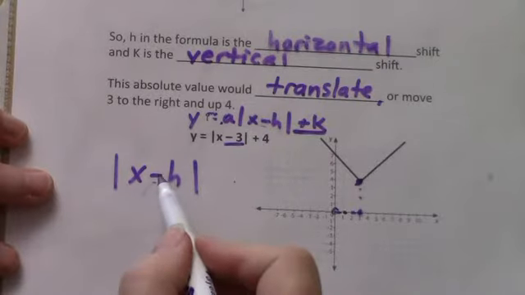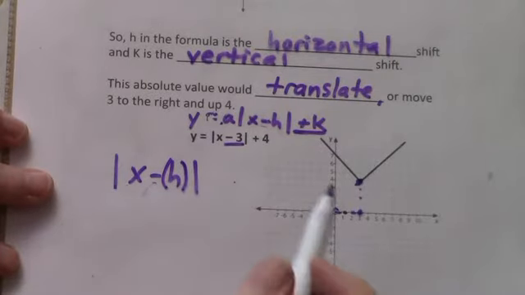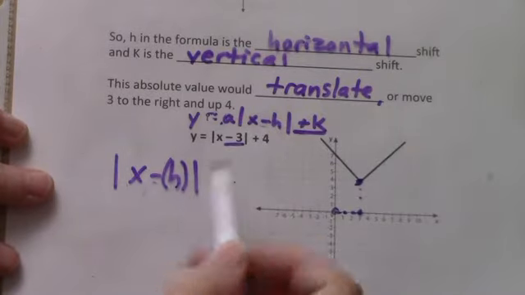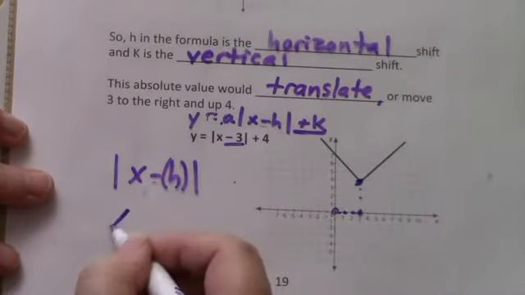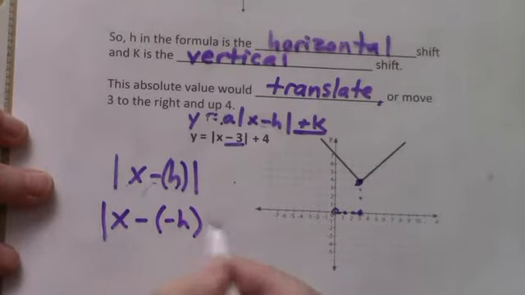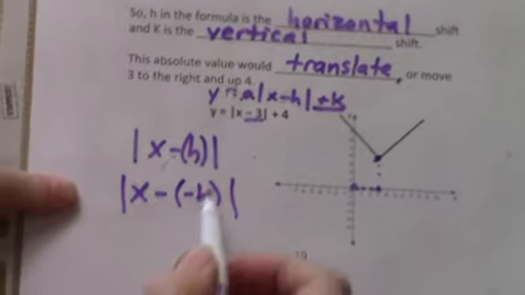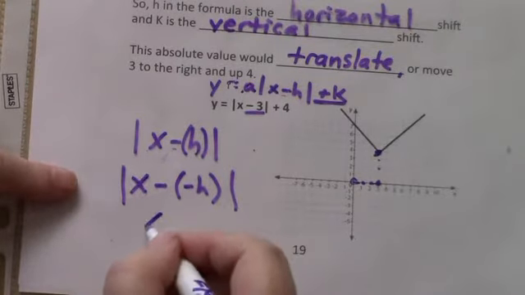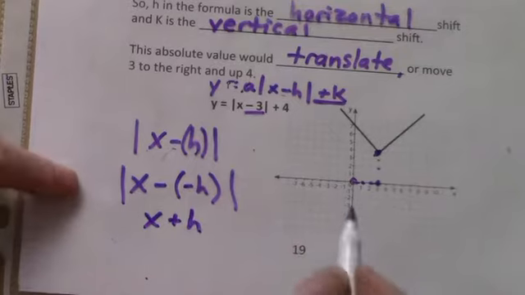So we are minusing h. H in this case is a positive number. If h were negative, it would have looked like that. And we know that a minus and a minus becomes a positive.